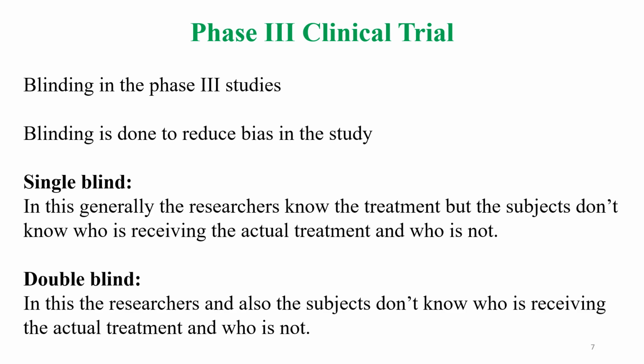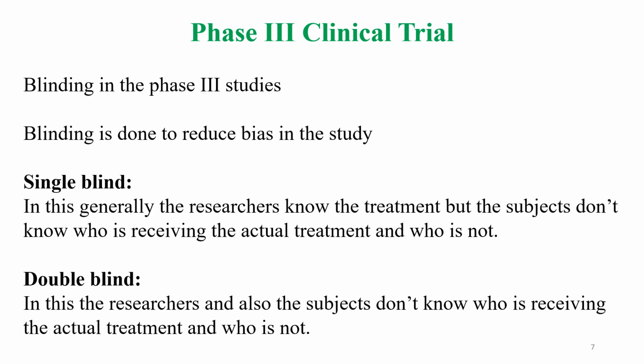Coming to the next important terminology, that is blinding. Blinding is done in the phase 3 studies to reduce the bias in the study. There are two types, mainly single blind and double blind, and in phase 3 clinical trials, generally double blinding is done. Blinding means the researcher or the subjects will not know whether they are receiving the treatment or placebo.